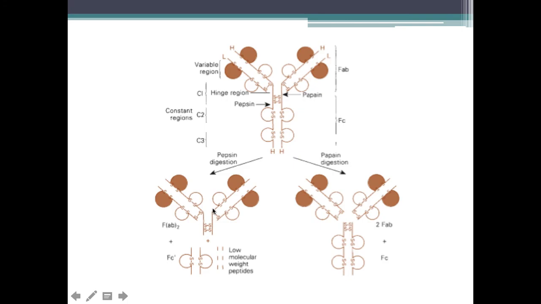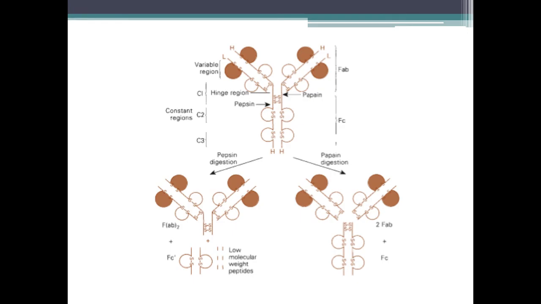this fragment, because there are two antigen binding sites in just one fragment, while the other one is not actually a complete crystallizable fragment because they are simply made up of low molecular weight peptides.